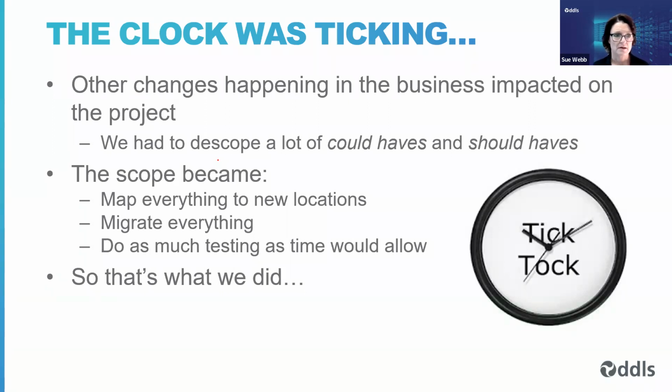So the scope ended up being basically map everything to its new locations, migrate everything, and do as much testing as time would allow. So that's what we did. And we got everything migrated and tested with about 3 days before the deadline. So we just scraped in. And of course, as I said, that was the end of a calendar year.